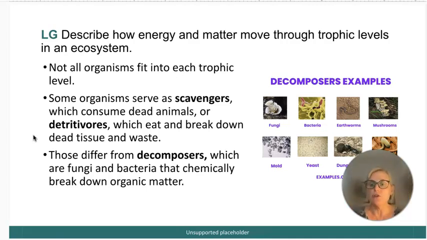But our scavengers don't quite fit. They'll eat anything dead, so they don't quite fit in any category. Our detritivores are animals that decompose, so things like worms and beetles. Decomposers in general are mostly microorganisms like bacteria and fungi that decompose and break down matter, and they don't quite fit in the trophic level, so we usually put them off to the side.